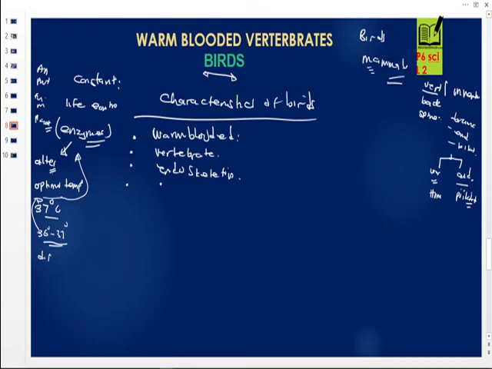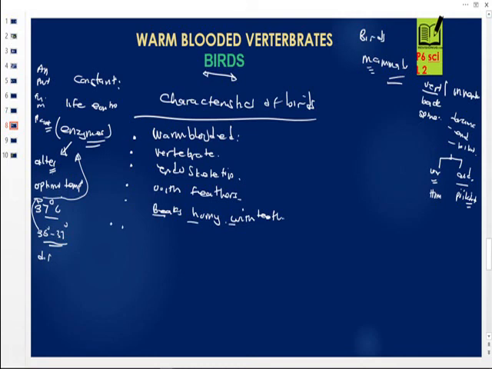Their bodies are covered with feathers. Now these birds have beaks, and these beaks are horny, meaning that the beak is sharp at the end, without teeth. They don't have teeth like us.